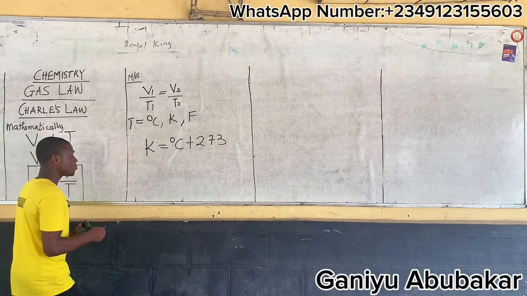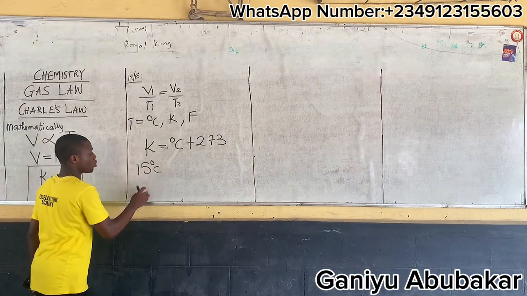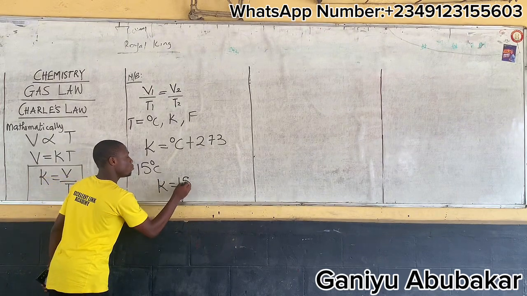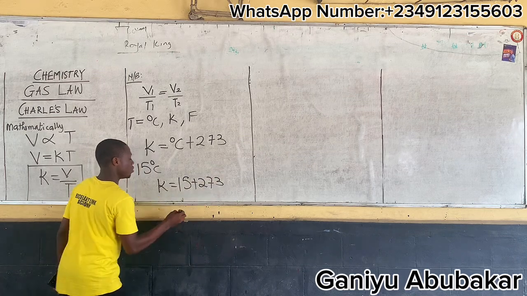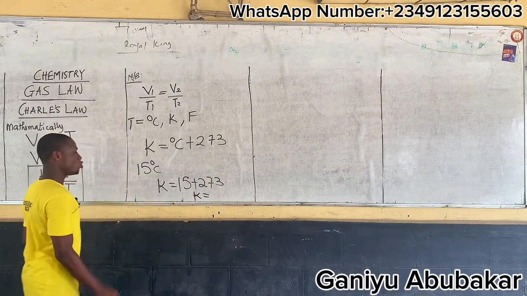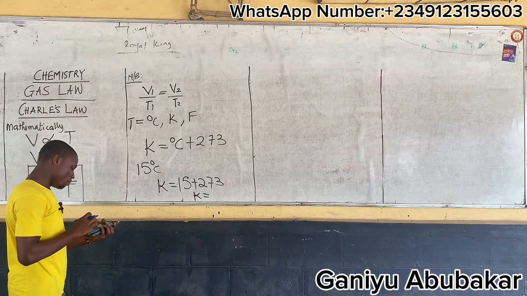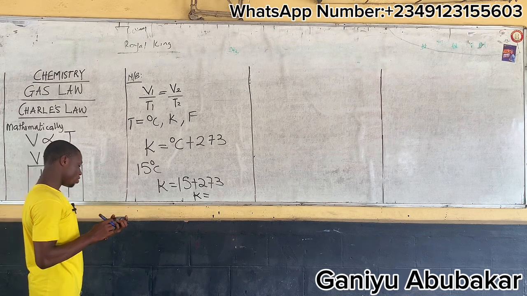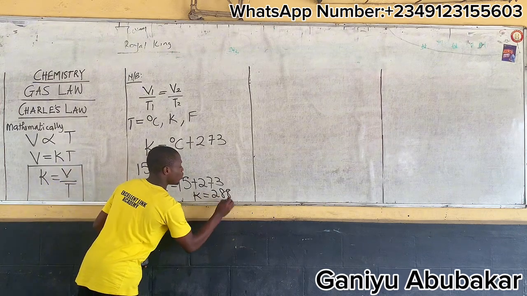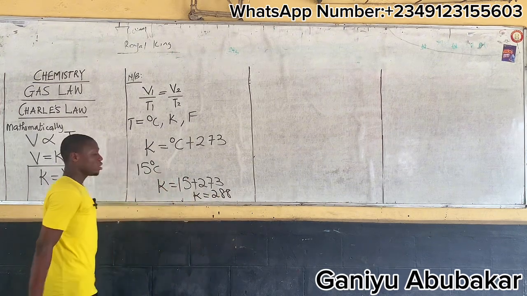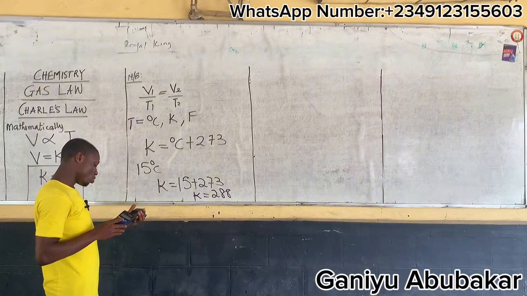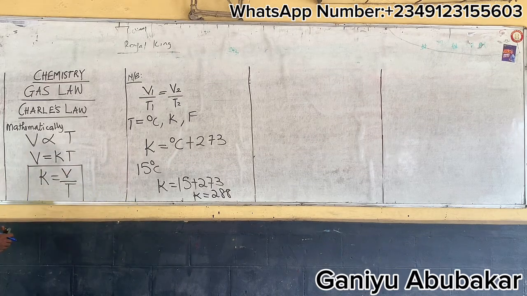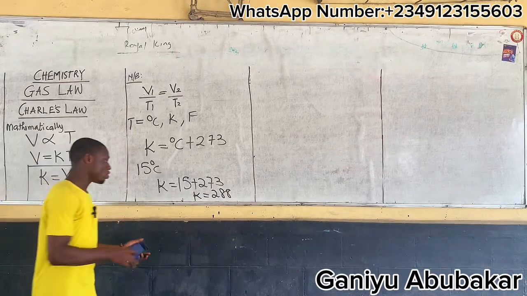So let's say I'm given 15 degrees Celsius. Kelvin is 15 plus 273, which is 288 Kelvin. That's how you convert degrees Celsius to Kelvin.